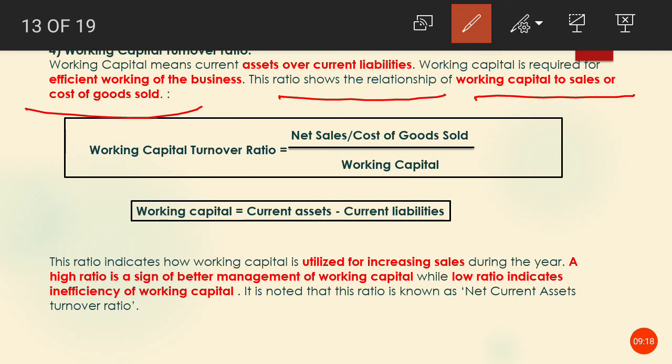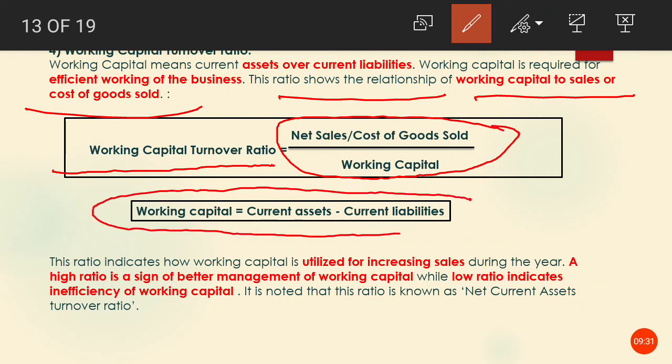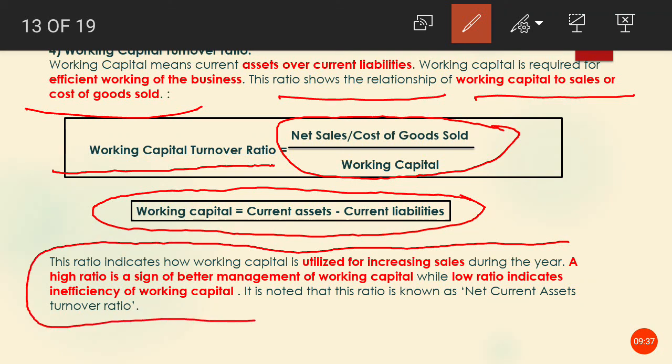The formula of this ratio is as follows: working capital turnover ratio is equal to net sales, or cost of goods sold, divided by working capital. Working capital is equal to current assets minus current liabilities. This ratio indicates how working capital is utilized for increasing sales during the year.